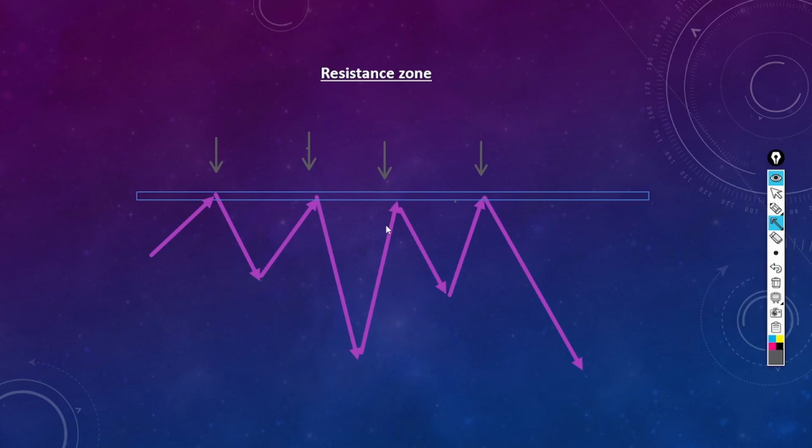So once it's coming up to this area, we're looking to sell and not buy. We're only looking to buy in the case of a support. Let me show you.